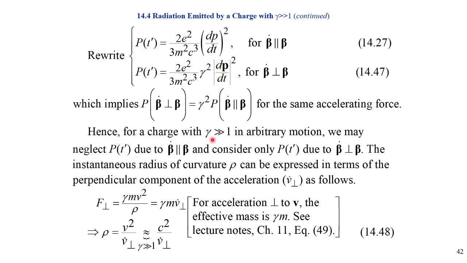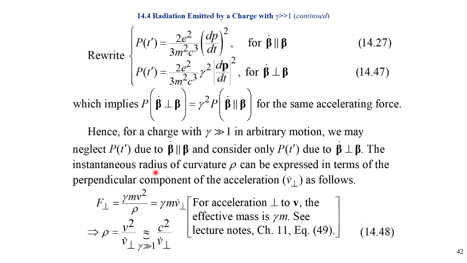Hence, for a charge with gamma greater than 1 in arbitrary motion, we may neglect this one. This one is good for acceleration, and this one is good for radiation. For a linear accelerator, we prefer this one. For synchrotron radiation, we prefer this one. And so we can consider only P perpendicular due to perpendicular acceleration.